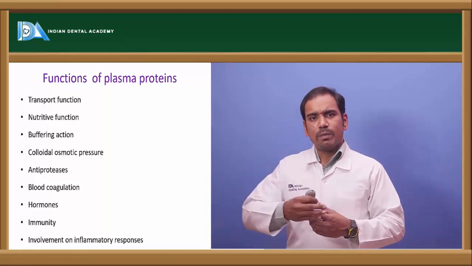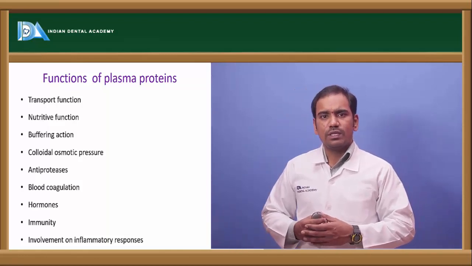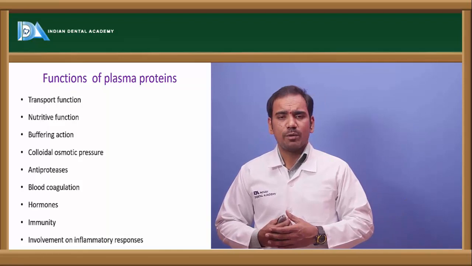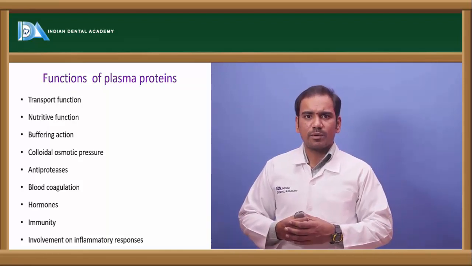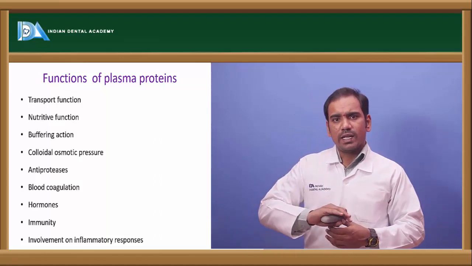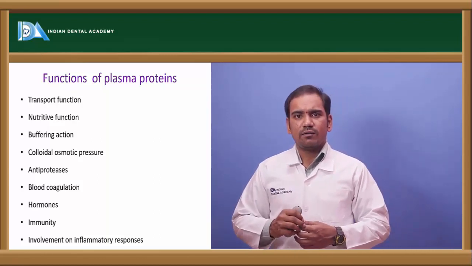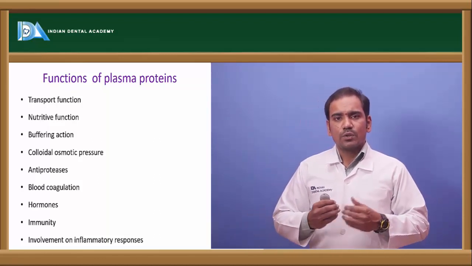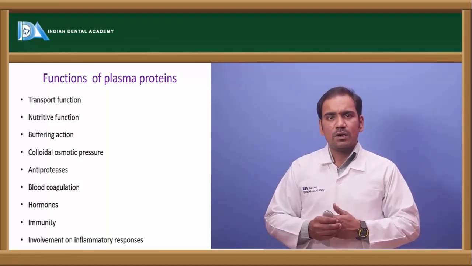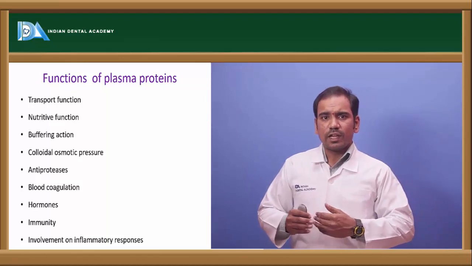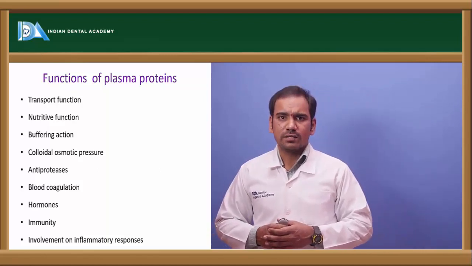So water is imbibed with a pressure of 10 mmHg. Water comes into the vascular compartment with a pressure of 10 mmHg at the venous end, and it is expelled at the arterial end with a pressure of 10 mmHg. This maintains the balance between water expelled and water imbibed. Because of that, it maintains the fluid balance.